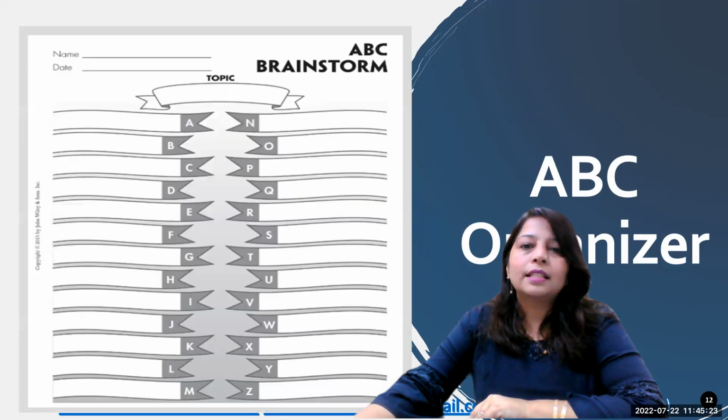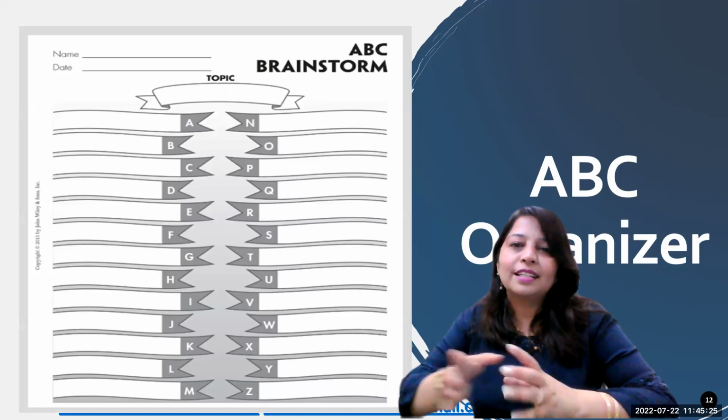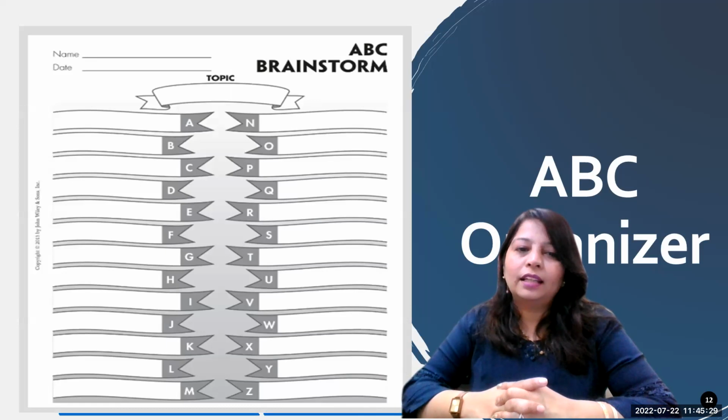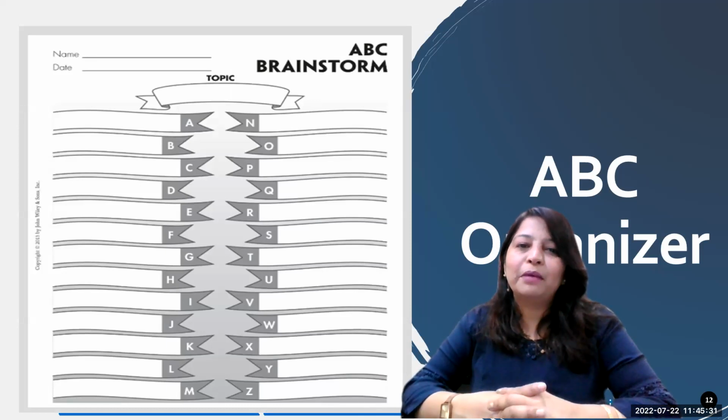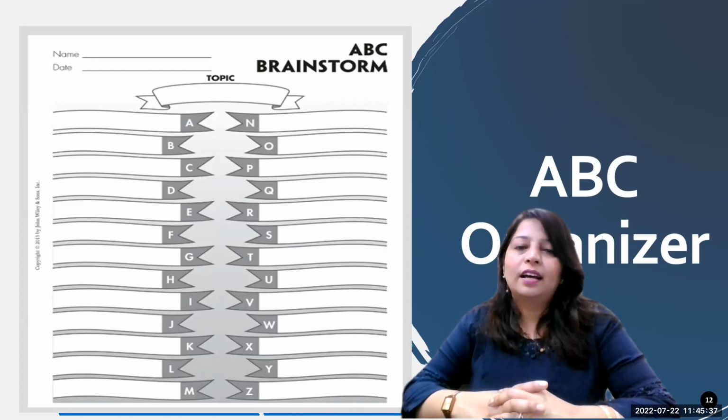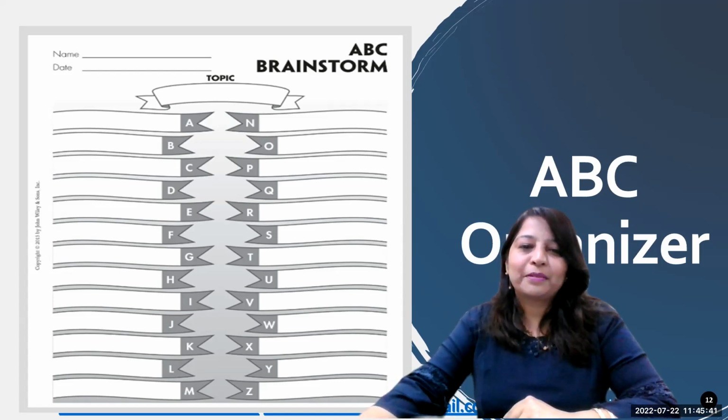Now next is ABC brainstorm. This is another format, also like the ABC organizer. You can take a snapshot. You will be able to give it to your students in that form, so that they'll be able to arrange the information that they have gathered, that they have learned, in this format.